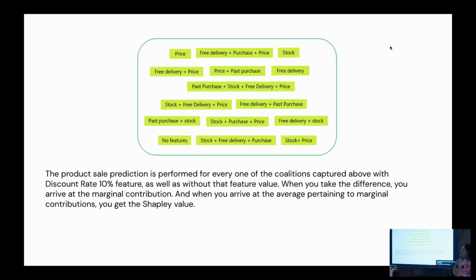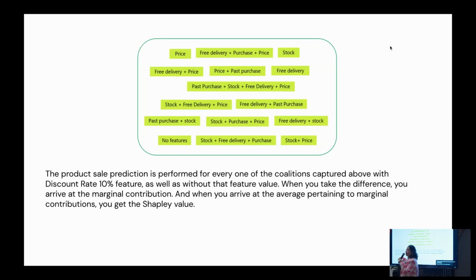So for example, I took 5 features for the scenario I was discussing with you for the sales prediction. Out of them, there was one feature called the discount rate, right? And there were 4 other features: the stock, free delivery and price, right?